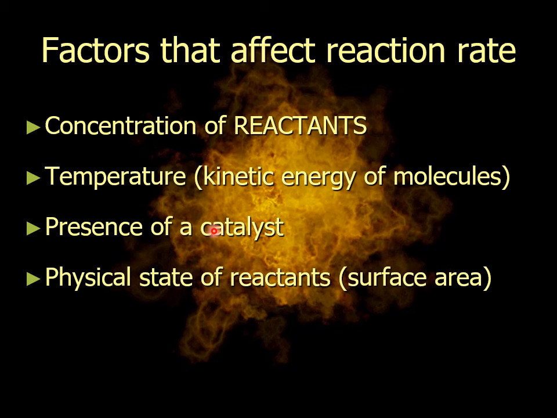And we'll look at a couple of examples of that. The fourth, which can be important, particularly in the case of solid reactants, is the physical state. So think about it. You have a solid which has a very low surface area. Compare that with a finely divided powder which has a very high surface area. It stands to reason the rate of reaction is going to be much higher on the latter than on the former.